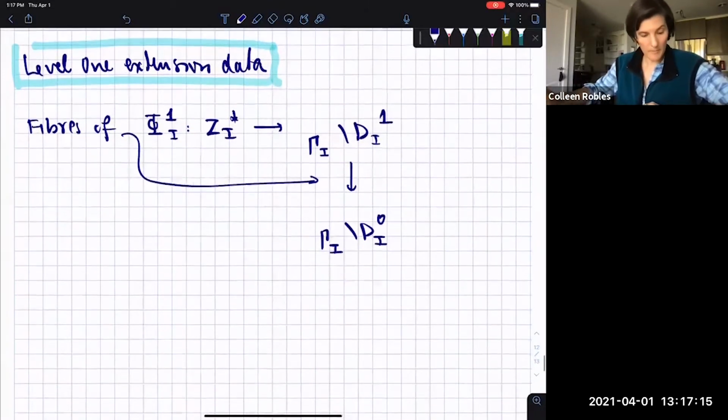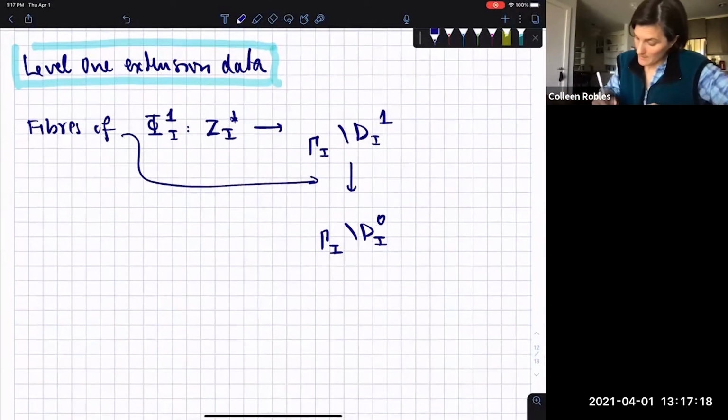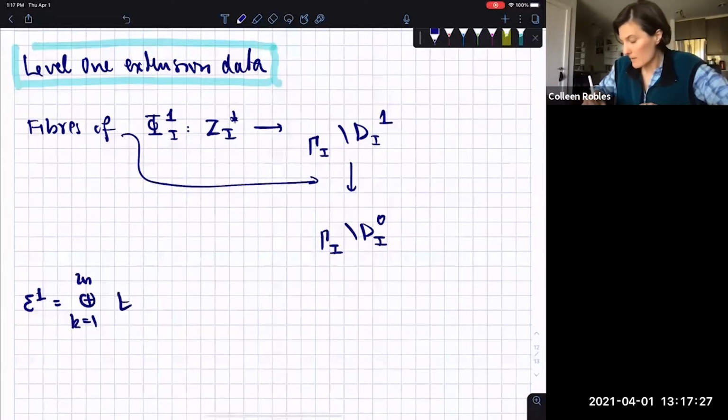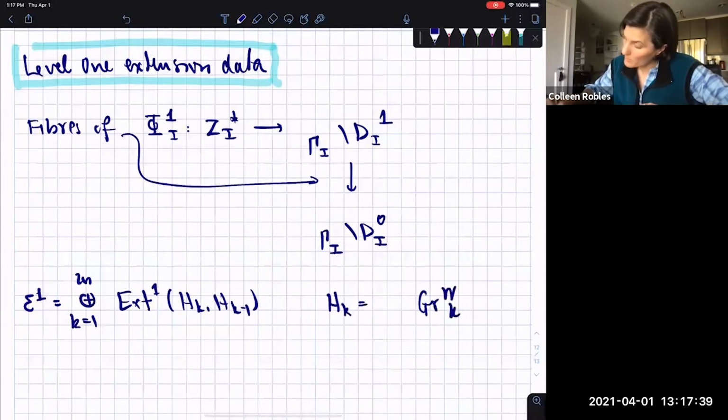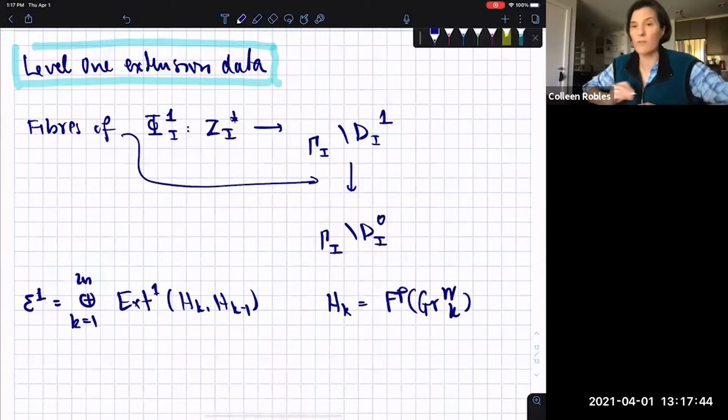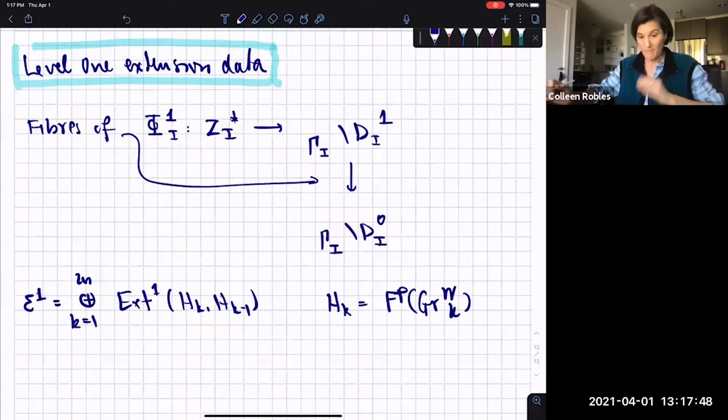Our extension data, let me write it as E1 for short, is the set of extensions for K equals 1 to 2n of Hodge structures. Here, HK is my shorthand for the weight graded quotient in degree K, along with the Hodge structure that's induced on it by the Hodge filtration and the limiting mixed Hodge structure.